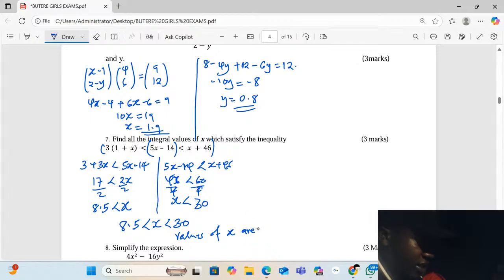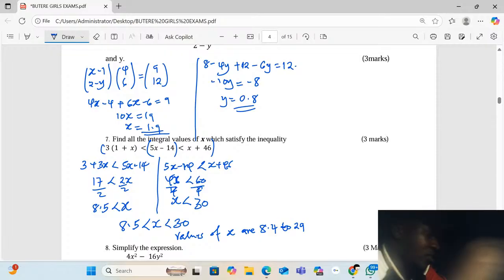So the values of x run from 9 all the way to 29. So 29 is the last one. It doesn't have the equal sign, so it cannot reach 30.